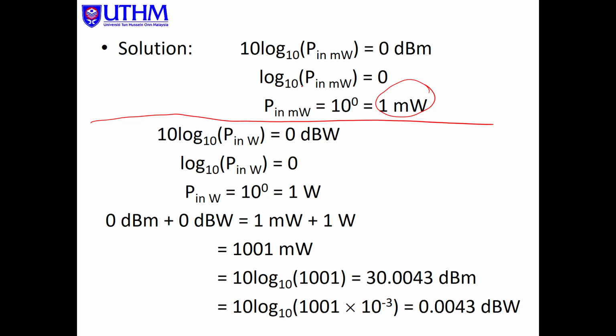Anti-log of 0 you get 1, but the unit must be in milliwatt because this is dB milli.